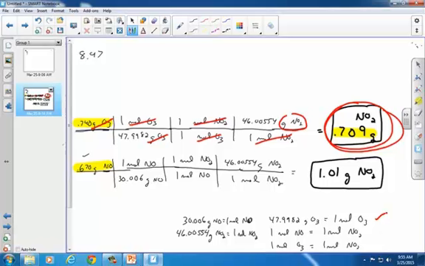So to get the moles of NO remaining left over after the reaction, that's going to be equal to the initial moles minus the amount of moles reacting.